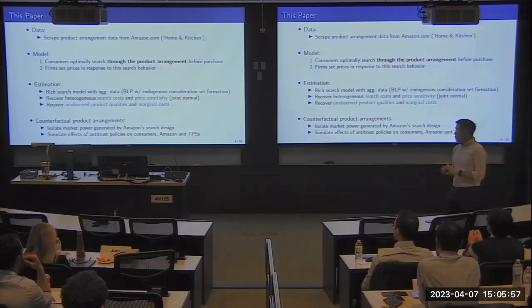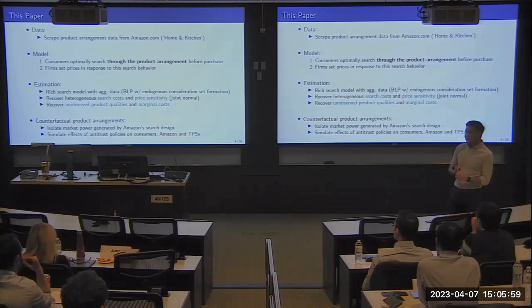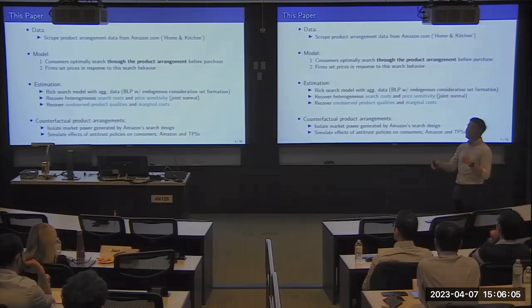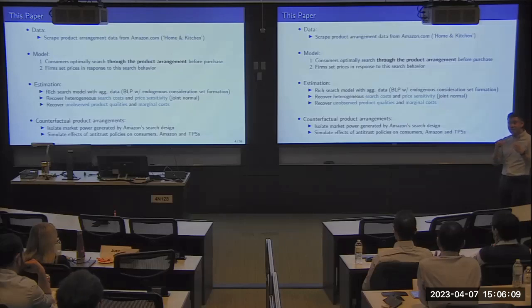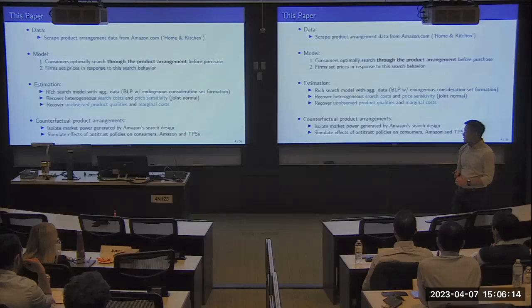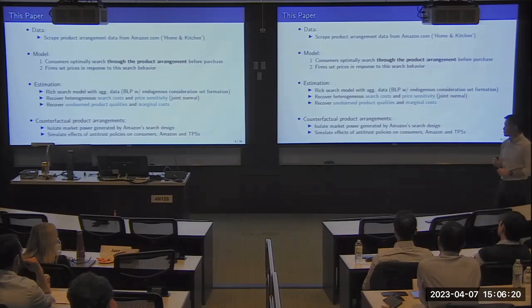First, we're going to isolate the market power that is generated by Amazon's current platform search design by trying to undo it, giving both Amazon and third-party sellers an equal chance at seeing consumers. And then we're going to simulate some antitrust policies and see how those affect all of those groups of individuals.